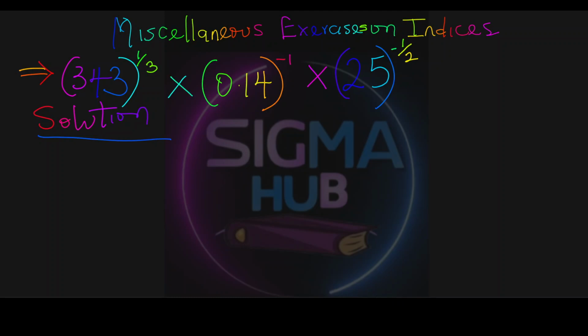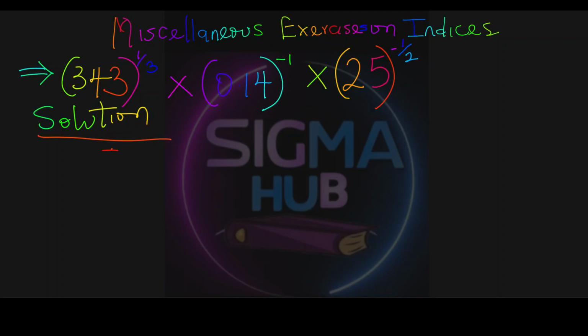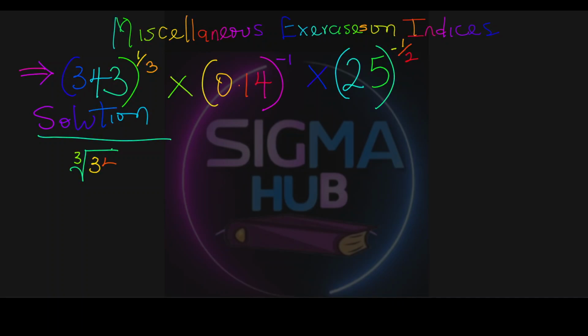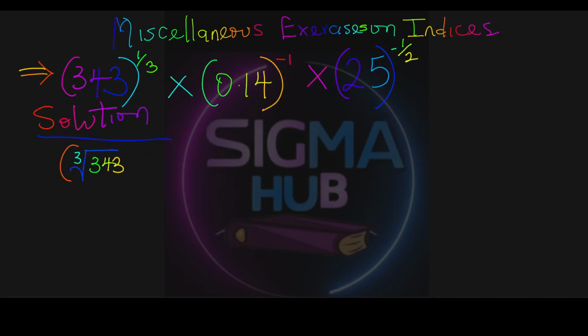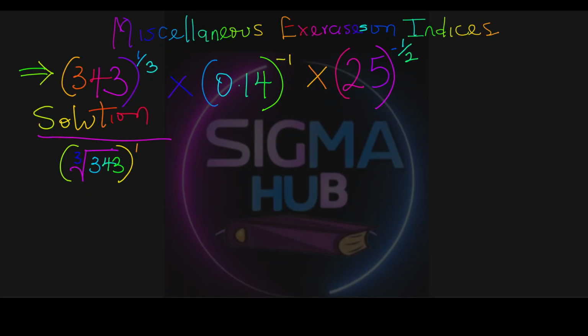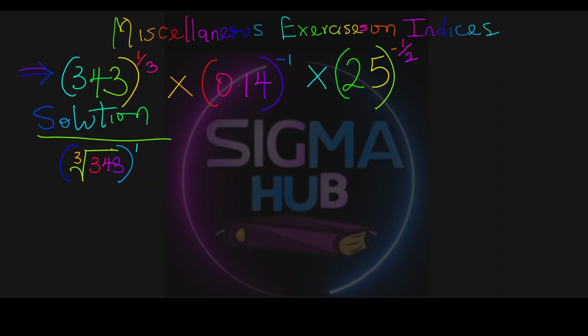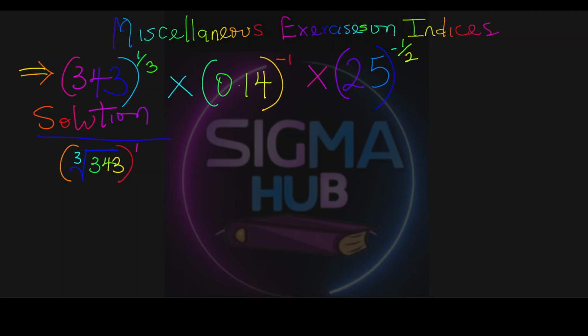So if I'm to do this, it's definitely going to be the cube root of 343 everything raised to the power of 1. Don't forget, when you have a fractional power, the denominator becomes the root, while the numerator becomes the power.